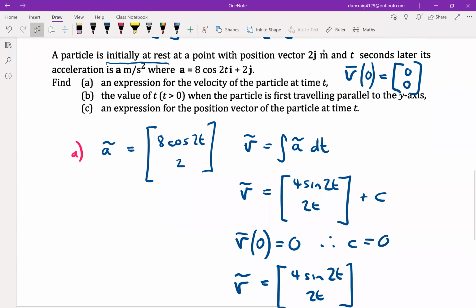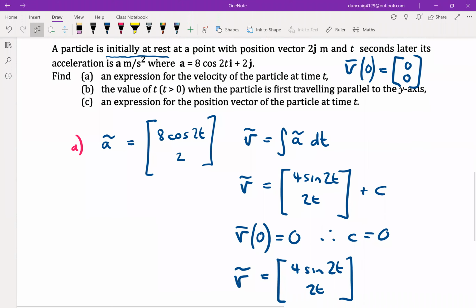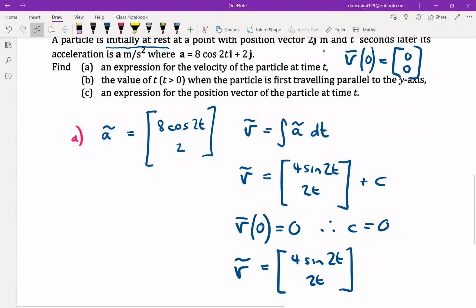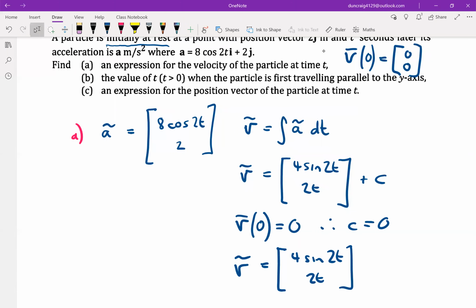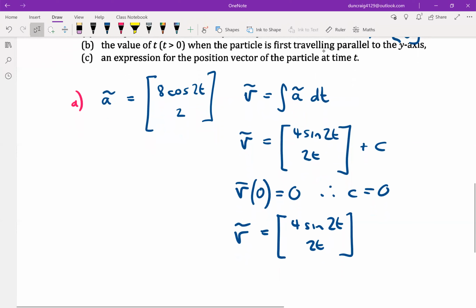So the value of t when the particle is first traveling parallel to the y-axis. Let's think about what's happening here.